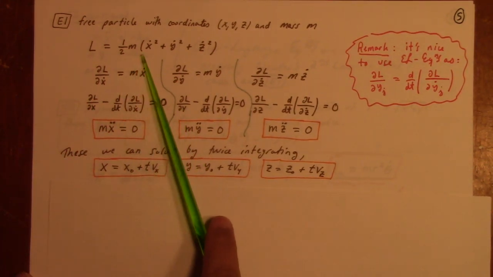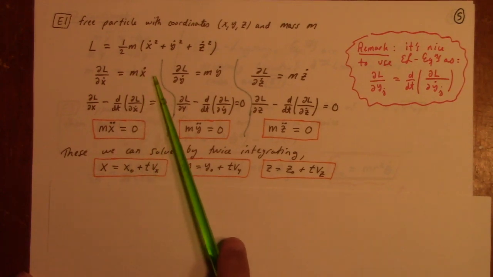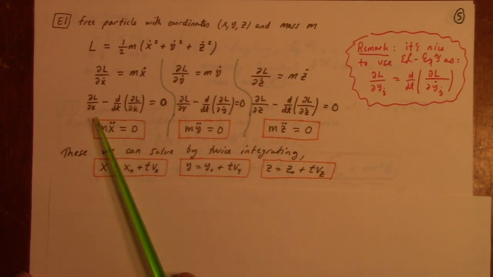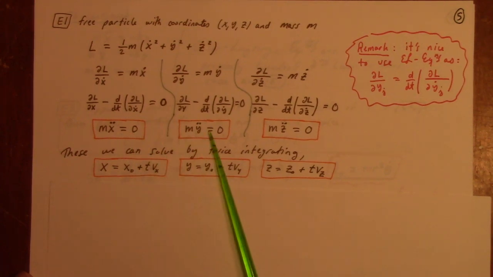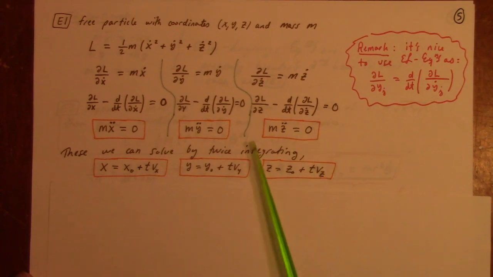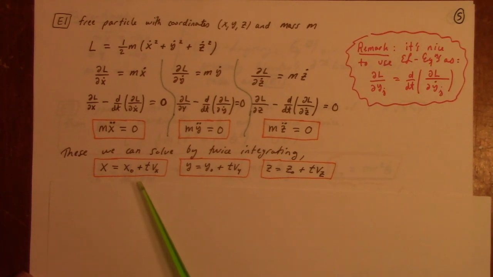So for linear coordinates, it just gives you linear momentum, like this. And of course then the Lagrange equations are just Newton's second law for the x, y, and z coordinates. This one I can solve. We just get lines, right? Which is Newton's first law: an object at rest tends to stay at rest, or in rectilinear motion, unless acted upon by an outside force.